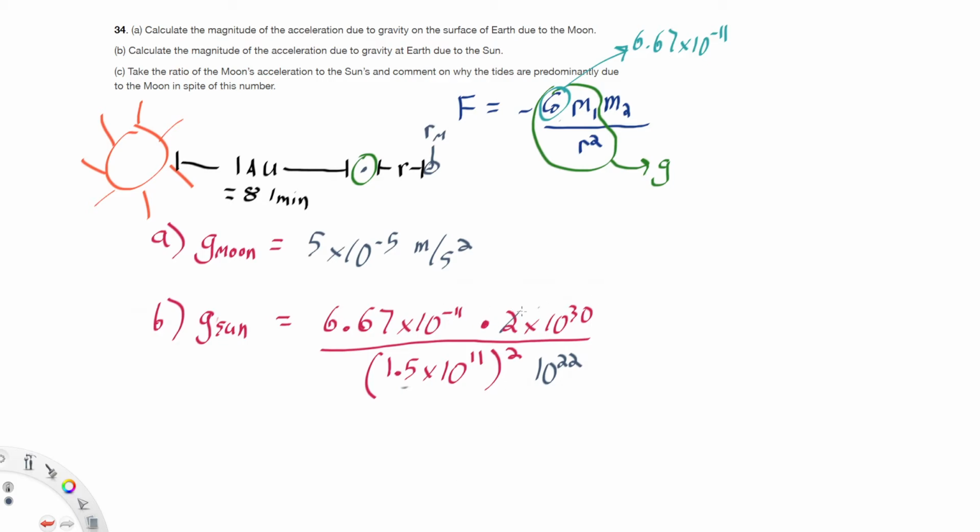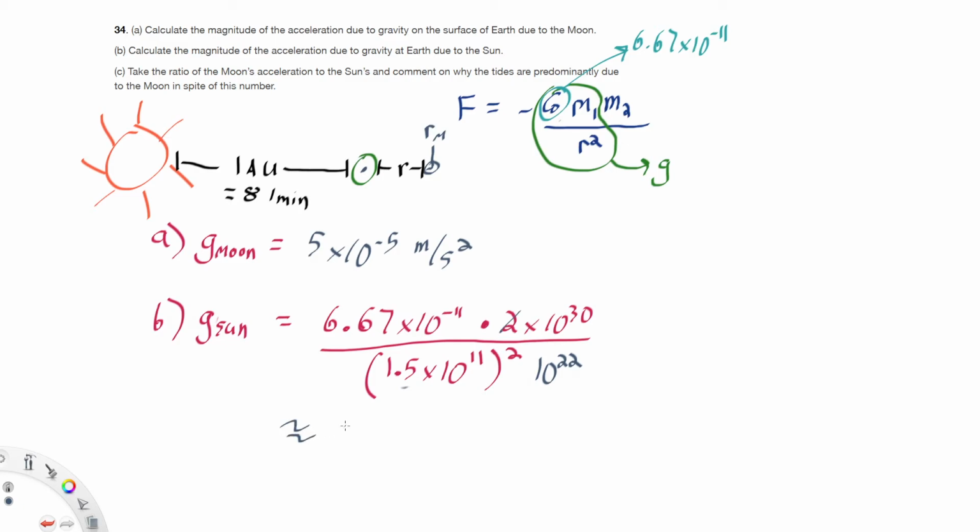Then we collect powers of 10, and we get 10 to the minus 11 times 10 to the 30, so that gives us 10 to the 19 overall. And then divided by 10 to the 22, so we get something times 10 to the minus 3.